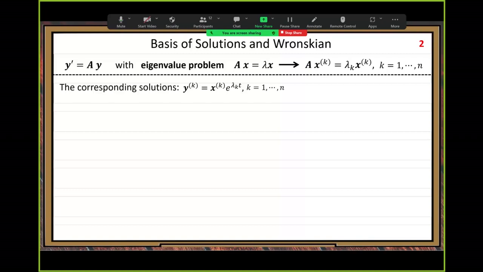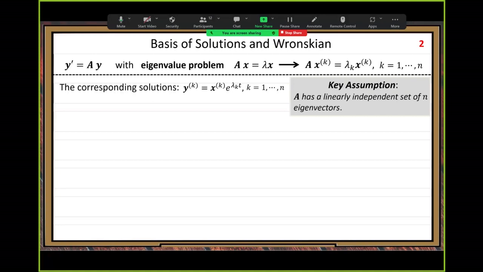So the corresponding solutions: y^(k) equals each eigenvector x^(k) multiplied by e to the corresponding eigenvalue lambda_k t, that function. That's the corresponding solution. How simple it is. So we can write n solutions in this way.